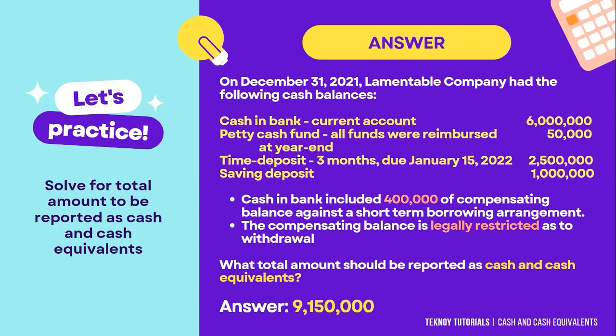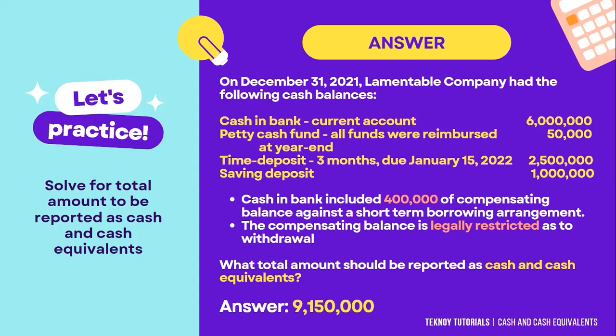For Lamentable Company, the total amount to be reported as cash and cash equivalents is 9,150,000. Did you also get the correct answer? Well, congratulations. We got this amount by adding cash in bank current account 6 million, petty cash fund where all funds were reimbursed at year end 50,000, time deposit 3 months due January 15, 2022, 2,500,000, and also the savings deposit for 1 million.